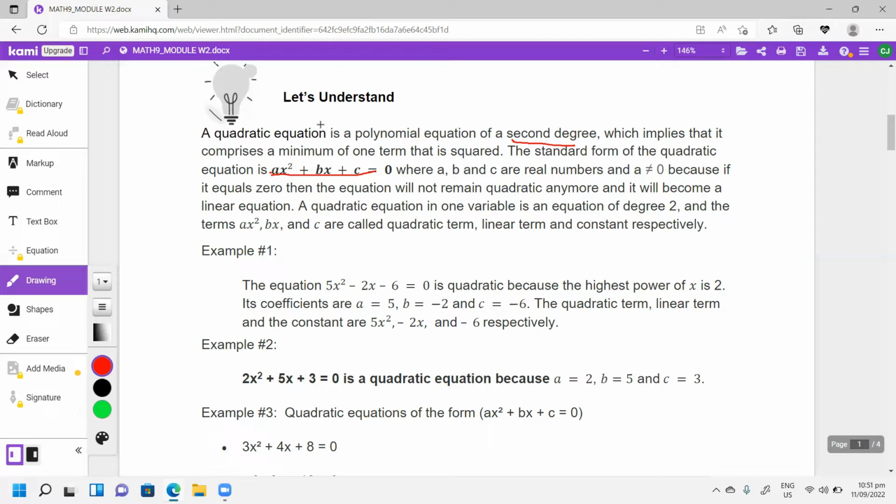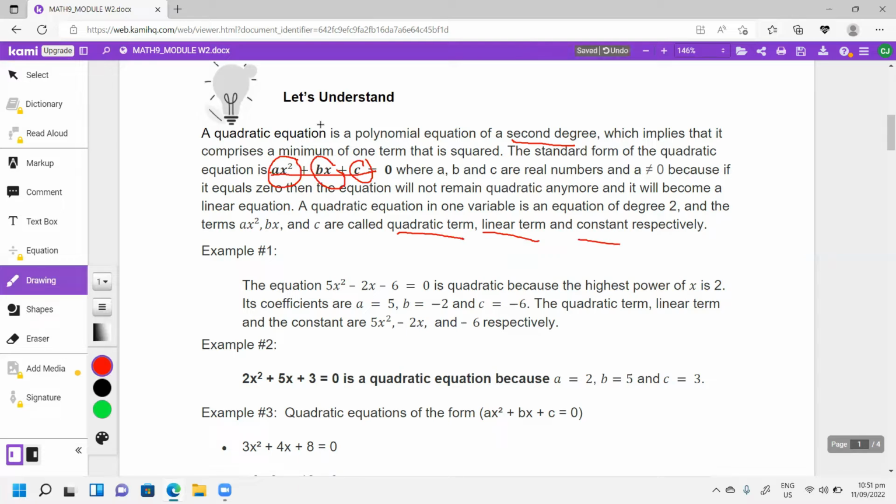As you can see here, we have ax squared plus bx plus c. This ax squared is our quadratic term. This bx is our linear term. And c stands for constant.